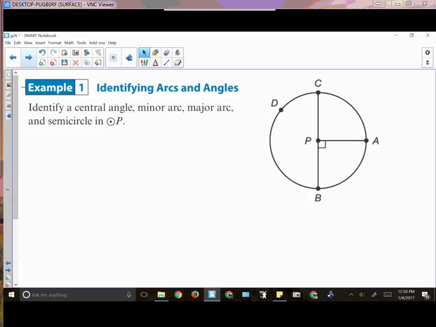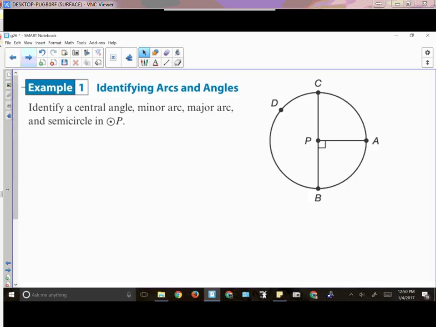So, if I want to identify a central angle, minor arc, major arc, and a semicircle, what would that look like? Well, first offhand, do I have a circle? Do I have anything that looks like an arc? I get bits and pieces of things, right?